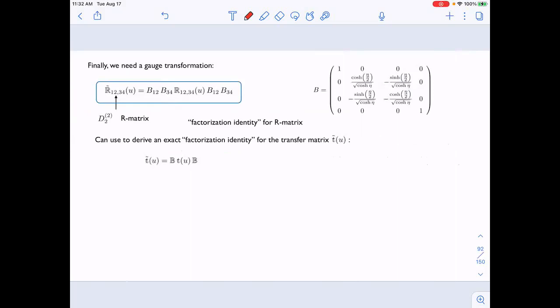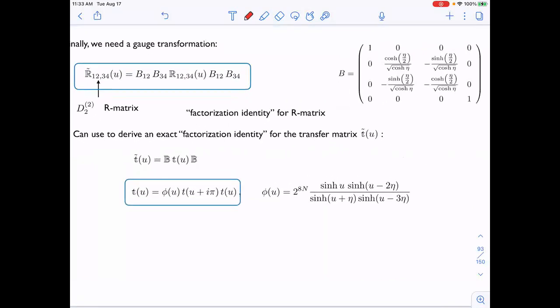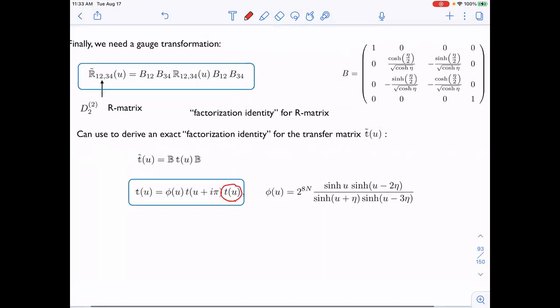So basically, let's define a T without a tilde, which is just, by sort of undoing this gauge transformation. So this T here basically corresponds to the transfer matrix you build with this R without the tilde. And the statement is that this T now, blackboard T, is given by a product of two ordinary T's. So this is T of U, and then another T just shifted by i pi.